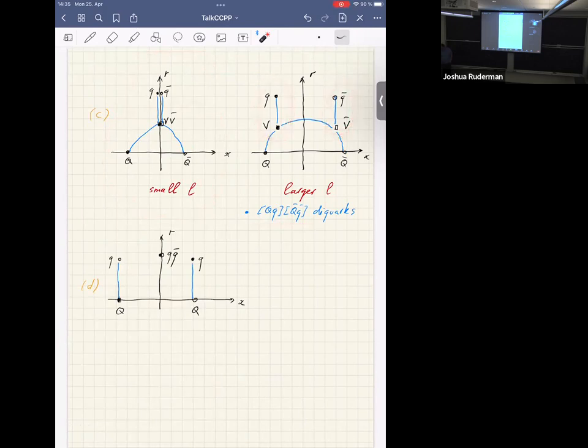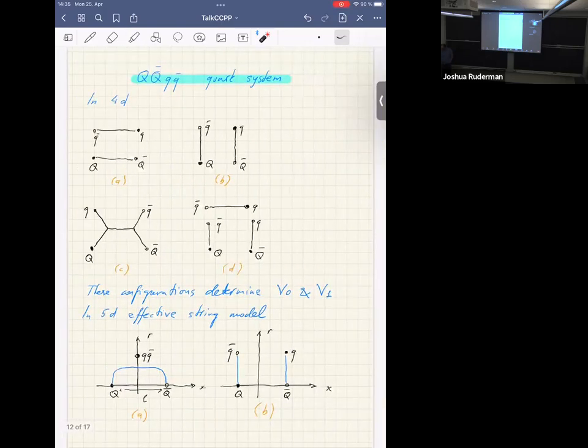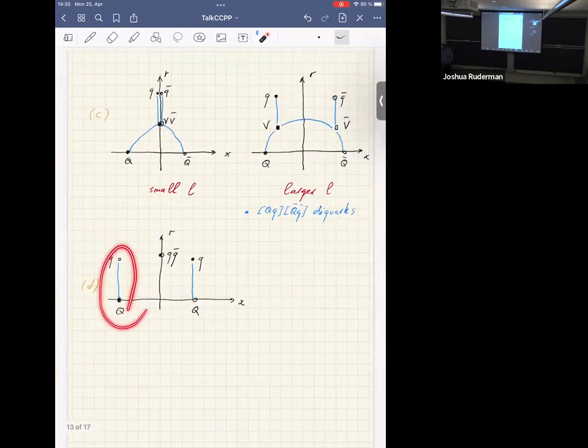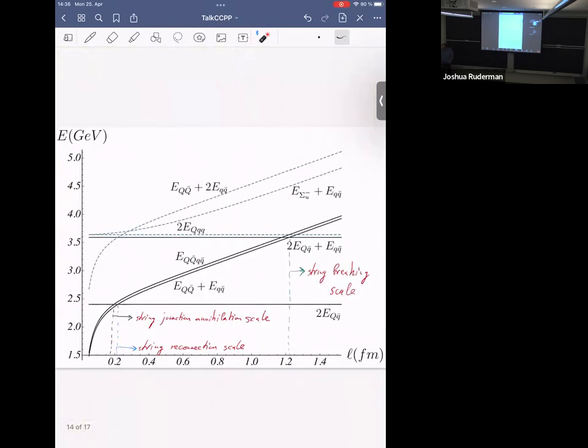And then for very large separation, the vertex approaches the heavy antiquark. So the quark picture appears naturally. And for the last diagram, if you know about the pion, it's just two mesons and a pion here. So it's not very difficult. Now let me show you what comes out.